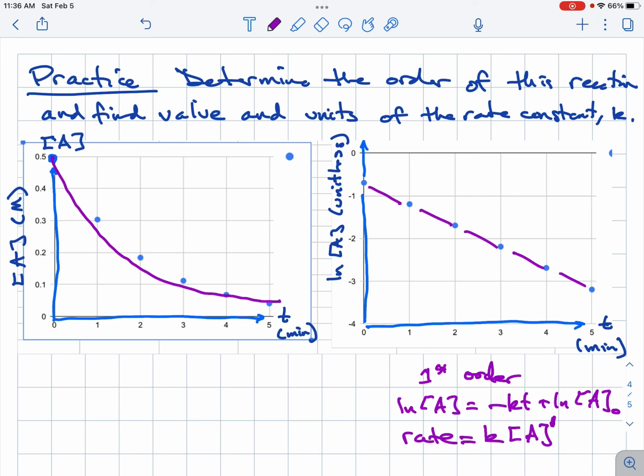So how do we do that? Well, we need to find the slope of the line, and we've done this a number of times in some other contexts. So we just need to take any 2 points, all right? I'm going to take this point, and I'm going to call it 0, negative, I don't know, 0.7-ish. And I'm going to take this point over here, and I'm going to call that 5, minus 3.2.